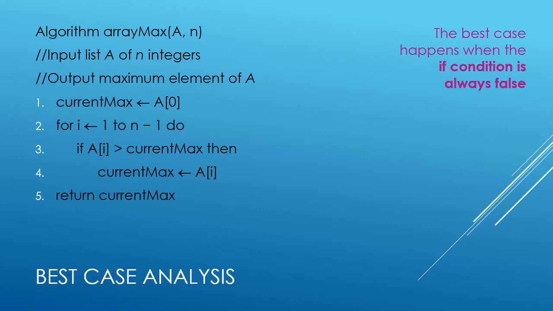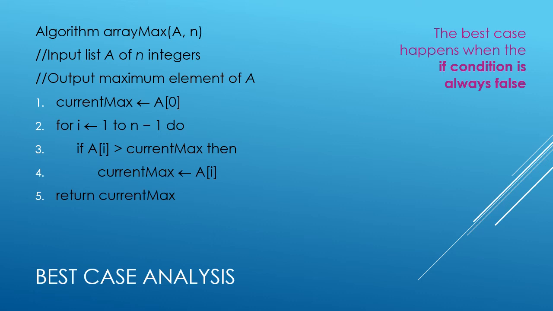What kind of input leads to the best case? Consider that you have list A with 4 elements, 17, 15, 9 and 7. When you begin, you put 17 in current max. Then you compare 17 and 15 and the if condition is false.